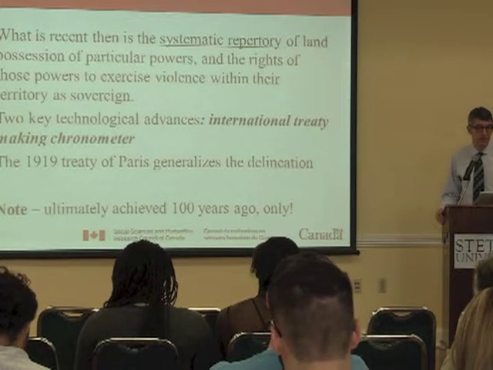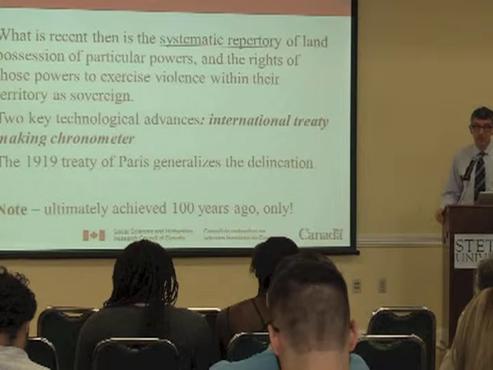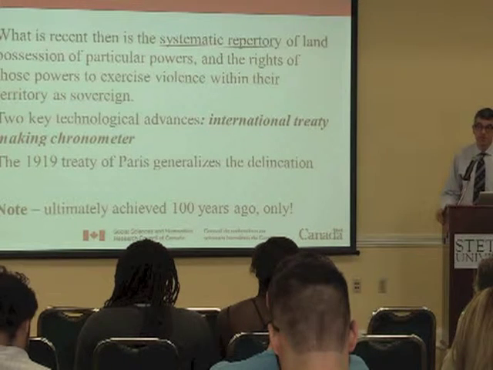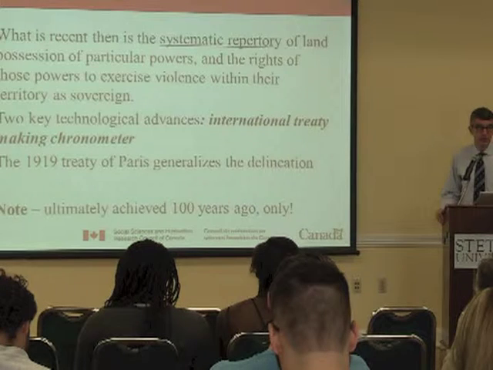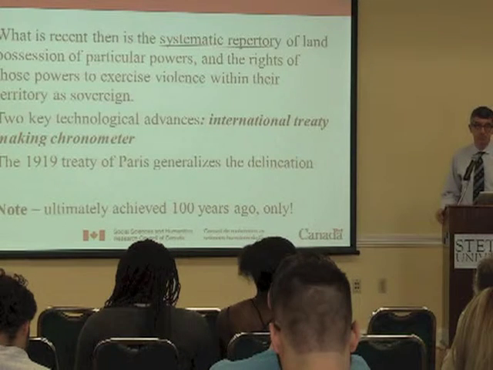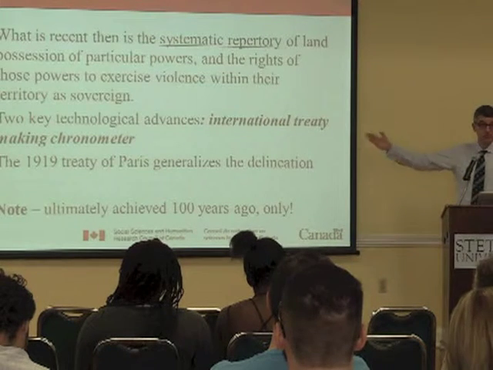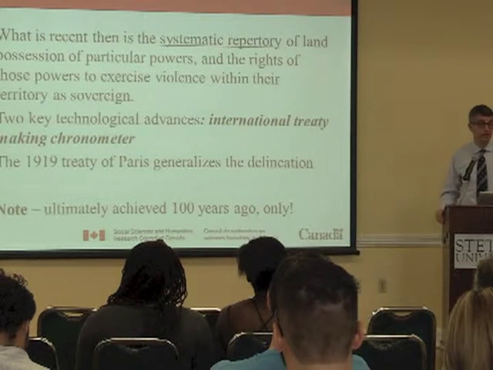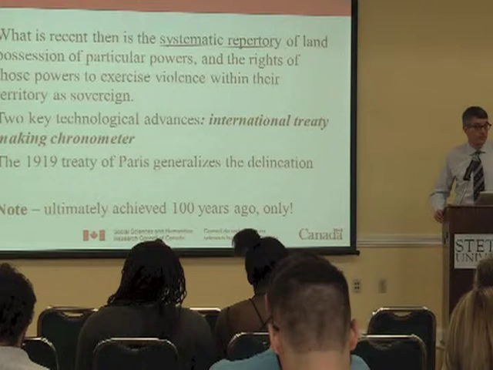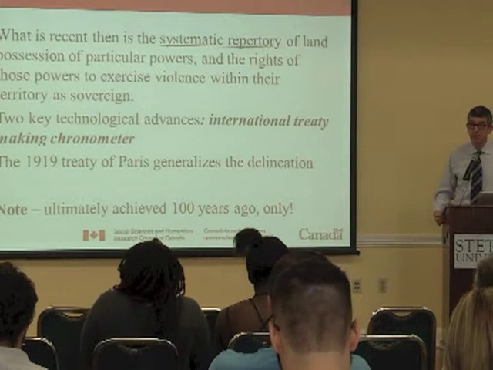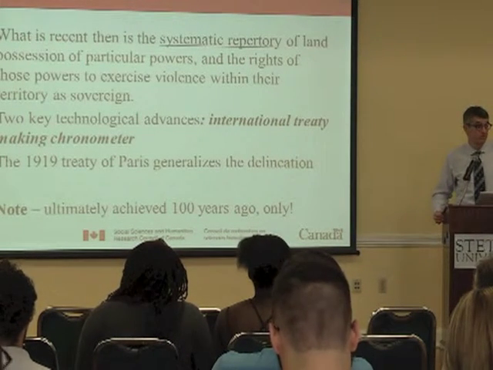We're talking about 1919, the generalization of this process, the implementation of boundary lines, both in law and in cartography, around the whole world. And this is thanks to those two technologies, the idea that international treaties are international agreements and that we can map them out. It's fairly recent, 100 years old.